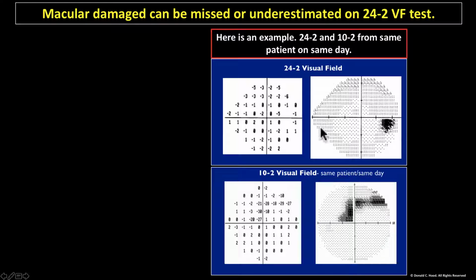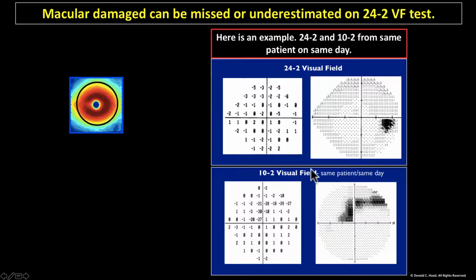So here's an eye that's not atypical, in which the 24-2 and 10-2 visual fields were obtained on the same day. And just to remind you, the macula is plus or minus 8 degrees, and it represents the densest region of retinal ganglion cells. So let's put this 8-degree circle here.